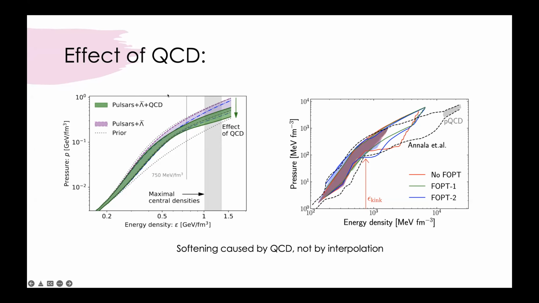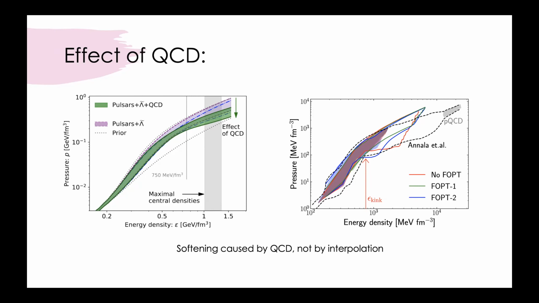Whereas when I add the QCD information, I get something which is very similar to the equations of state that we get from the interpolation studies. So the conclusion here is that the softening really is caused by QCD. It's a robust prediction of QCD, and was not coming from the interpolation over 2 orders of magnitude. Softening is a prediction of QCD.